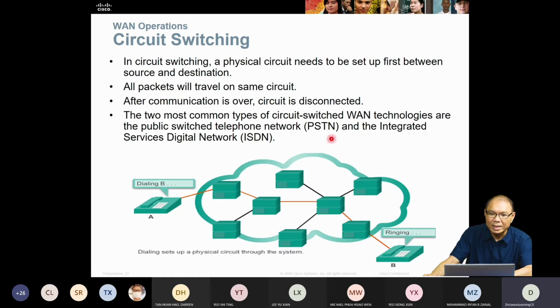Another one is the integrated services digital network. In the past, when I worked in an environment where I needed to set up networks, one of the early services that we set up was the ISDN. Before anyone on my end can communicate to the outside, someone must connect to the internet first. Once somebody has started the connection, then everybody can connect. This is integrated services digital network, and it is an example of circuit switching.